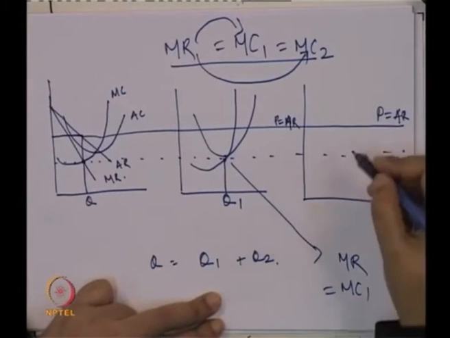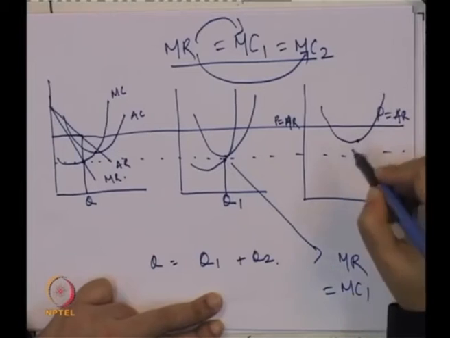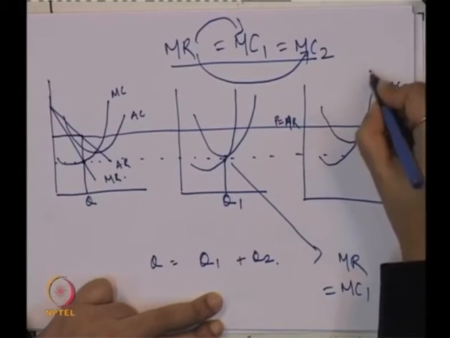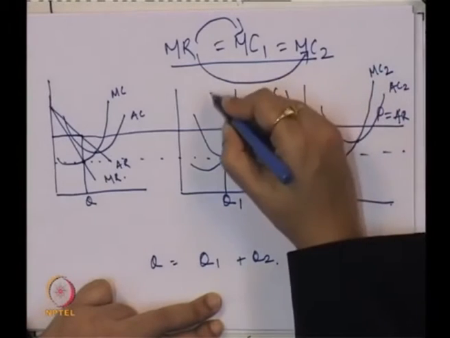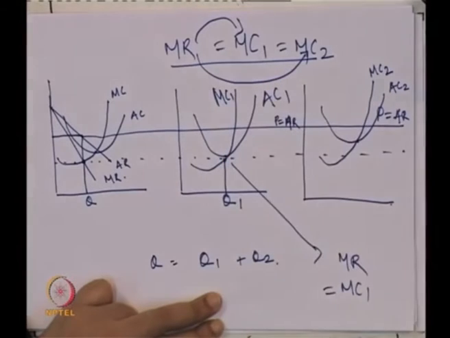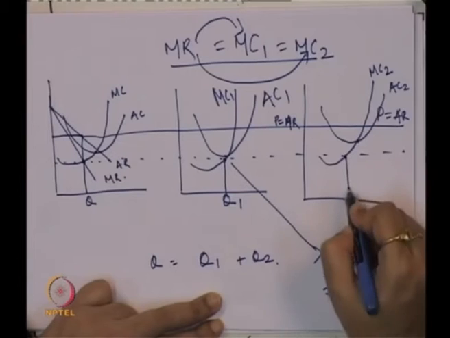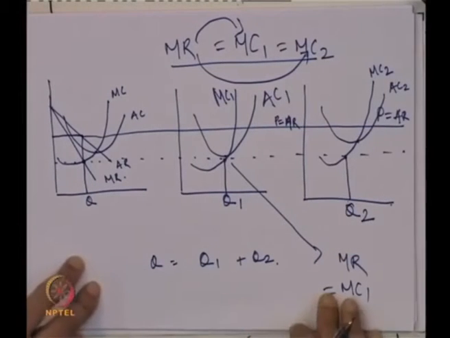Whereas, if you look, we have a different cost function for plant 2, and this is average cost 2, this is marginal cost 2, this is average cost 1, this is marginal cost 1. Similarly, we will take a point corresponding to marginal cost and marginal revenue, and this gives us the output for plant 2.